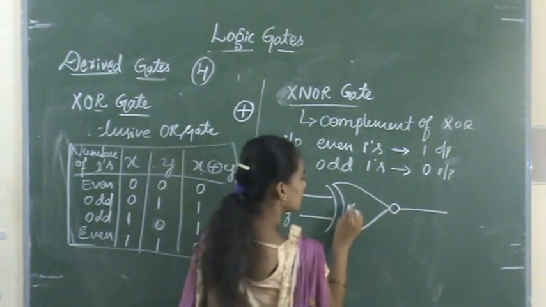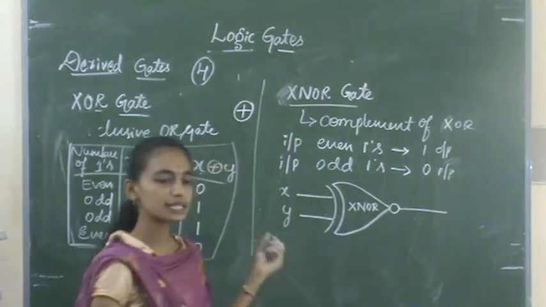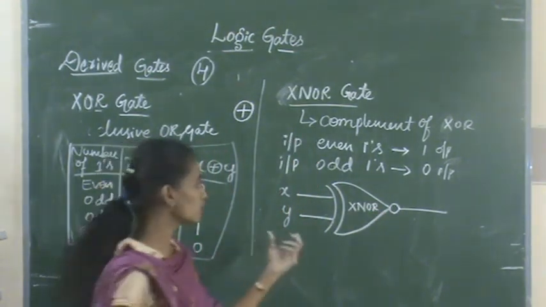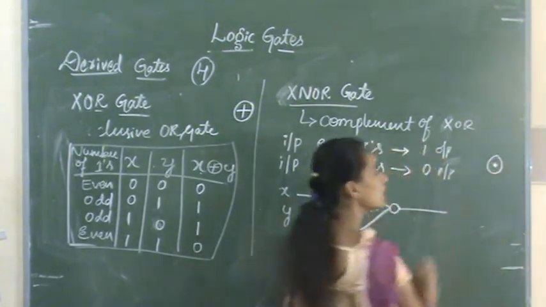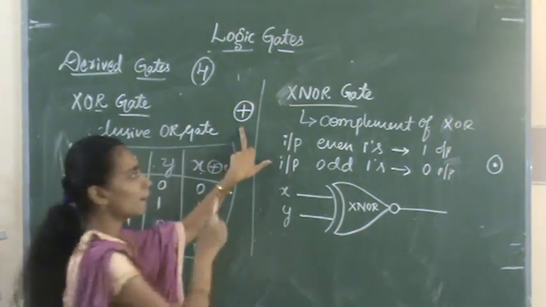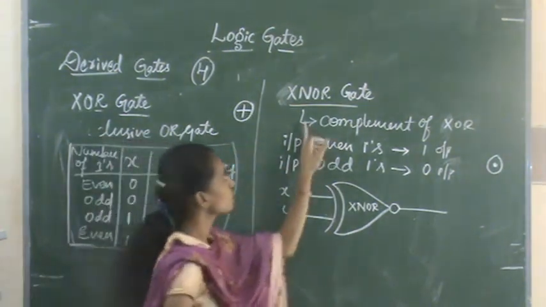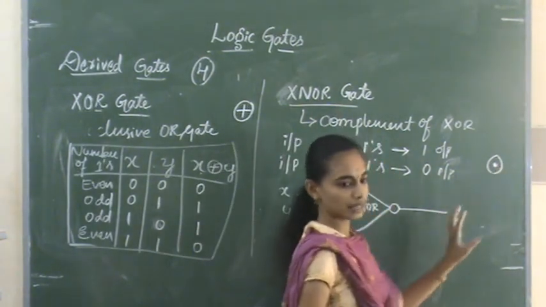So this represents the XNOR gate. The operation symbol used for XOR is plus inside a circle, and for XNOR we are using a dot inside a circle.